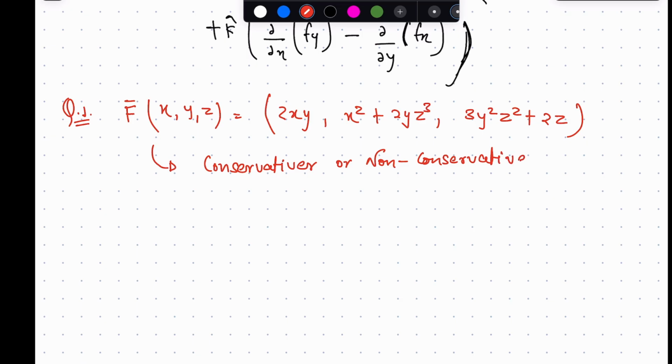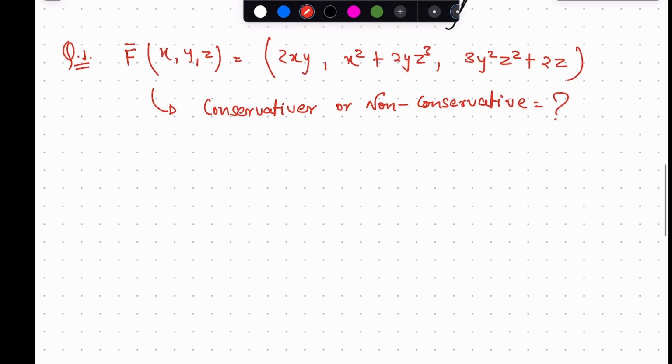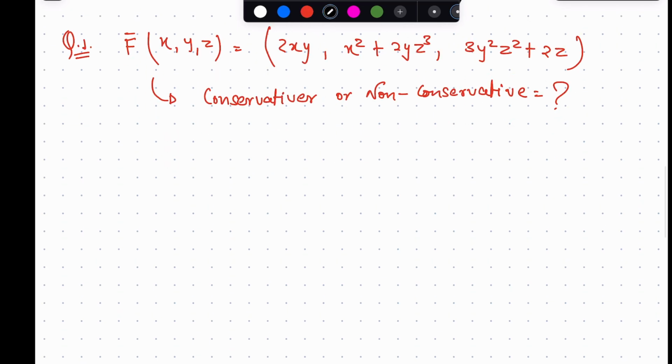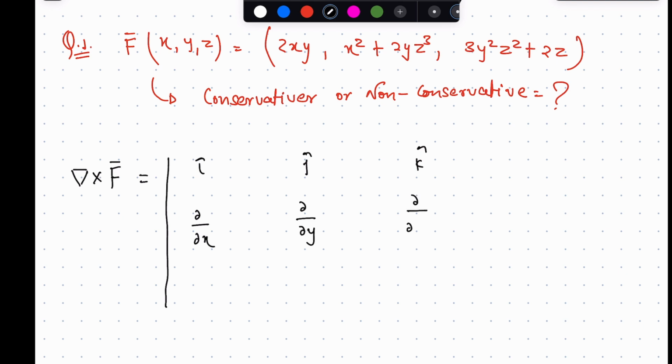We need to check. Okay, so we will calculate the determinant of it. So we'll calculate del cross F. That is i cap, j cap, k cap, and then we have ∂/∂x, ∂/∂y, and ∂/∂z.